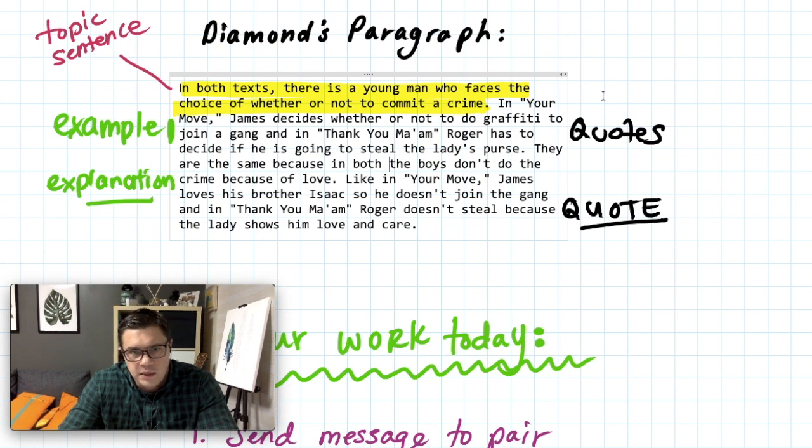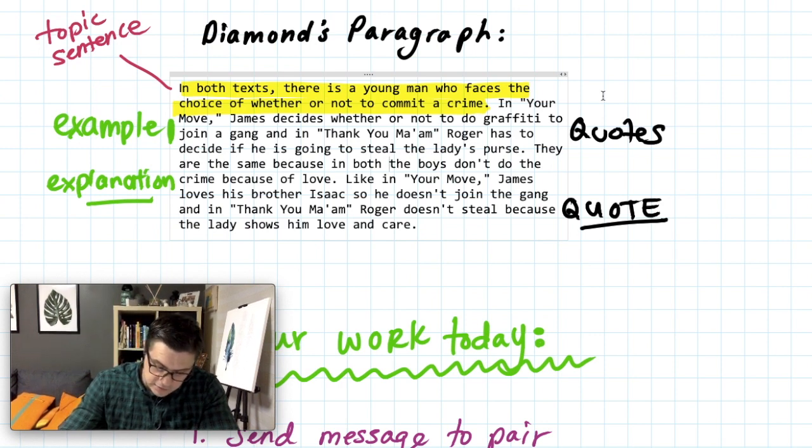Okay, now for me, if I were the writer here, I would choose to add a quote to the examples that connect directly to my topic sentence. So if my topic sentence is, there's a young man with a choice whether or not to commit a crime in both stories, then I'm going to choose quotes that prove that.